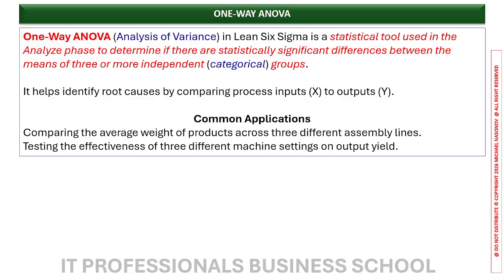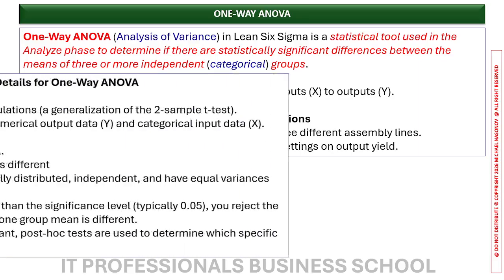It helps identify root causes by comparing process inputs, which are X, to outputs, which is Y. Common applications: comparing the average weight of products across three different assembly lines, or testing the effectiveness of three different machine settings on output yield. One-way ANOVA applies to the IT industry as well.